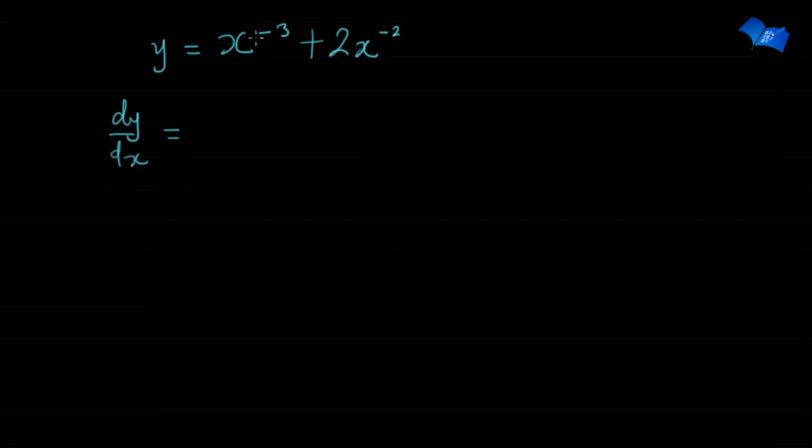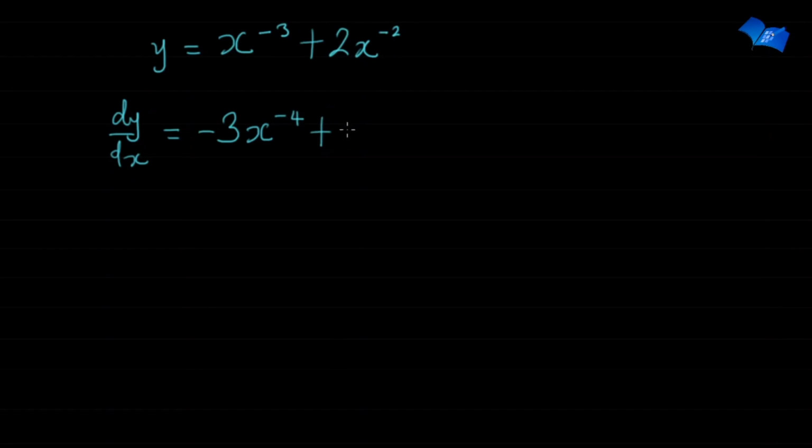Now, this also would apply the power rule. We apply the power rule. So we'll multiply the power by whatever is here. In this case, it's just 1, so it will be minus 3x. Then we'll reduce the power by 1, which is minus 4. Then plus the power, we'll multiply it by the coefficient here.